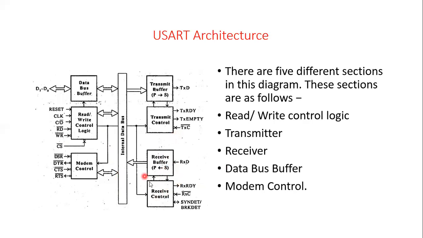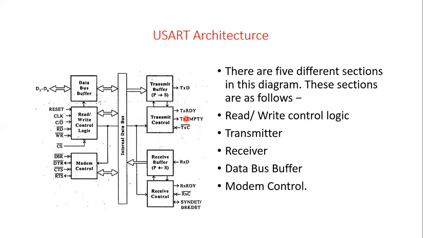The next one is the transmitter buffer. In the transmitter, already I have explained TXD. Now, TX ready. This is an output signal. When it is high, it indicates that the buffer register is empty and the USART is ready to accept a byte.